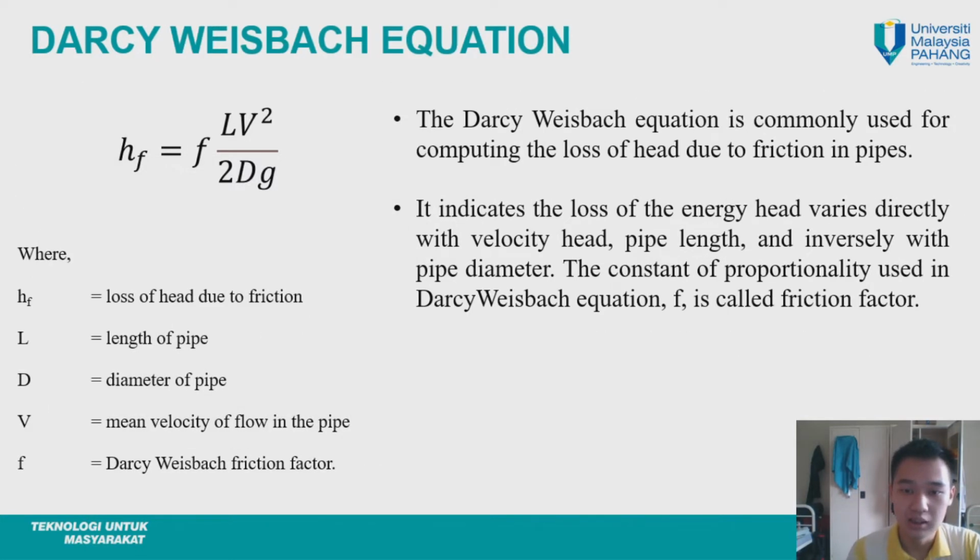Afterward, the Darcy-Weisbach equation is commonly used for computing the loss of head due to friction in pipes. It indicates the loss of energy head varies directly with the velocity head and pipe length, and inversely with pipe diameter. The constant of proportionality used in the Darcy-Weisbach equation, f, is called the friction factor, whereas the equation is shown on the left side of the slide.